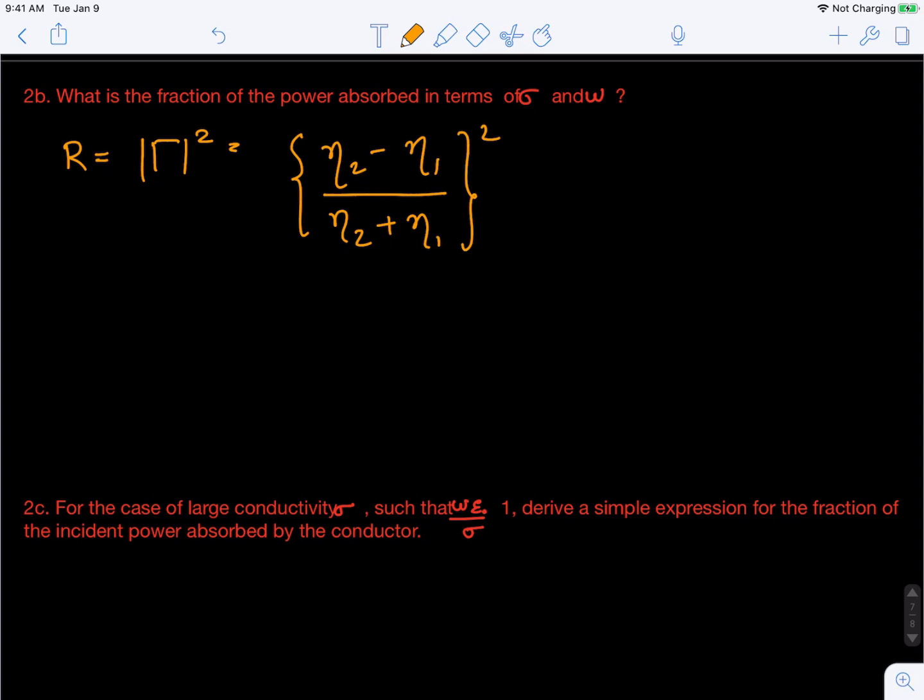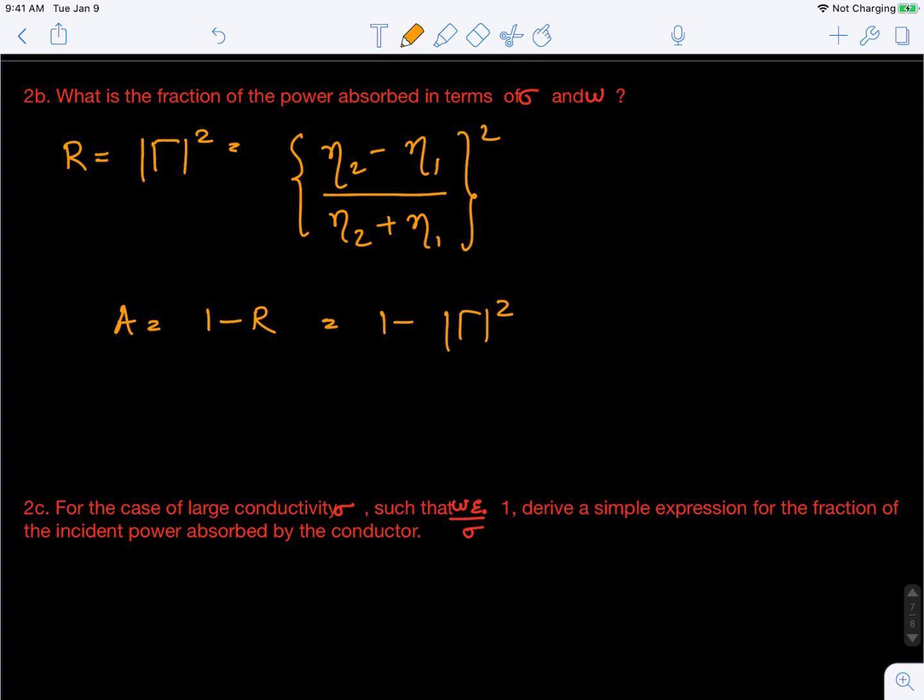Now we have to find the fraction of the power absorbed. If the fraction of the power reflected is R, then the fraction of the power absorbed A is equal to 1 minus R, which is equal to 1 minus mod gamma square.